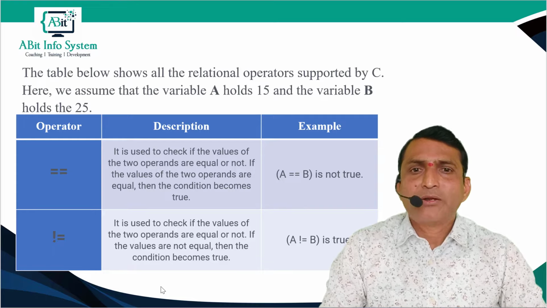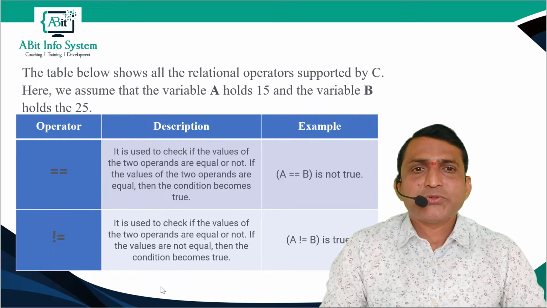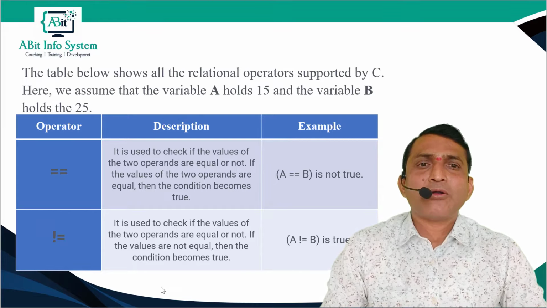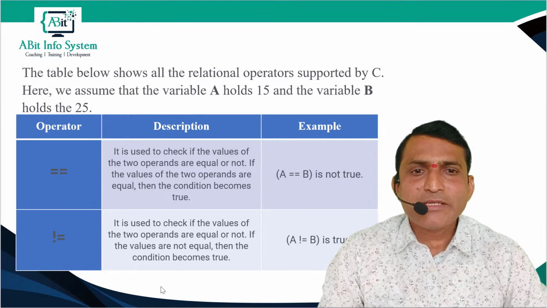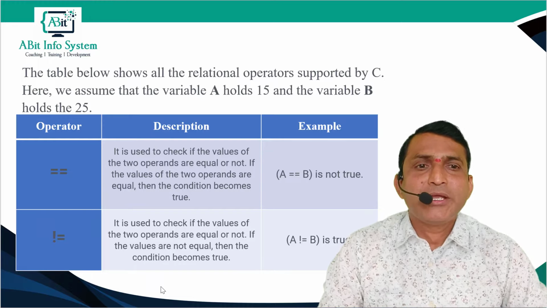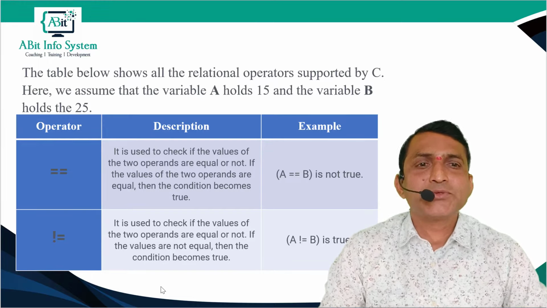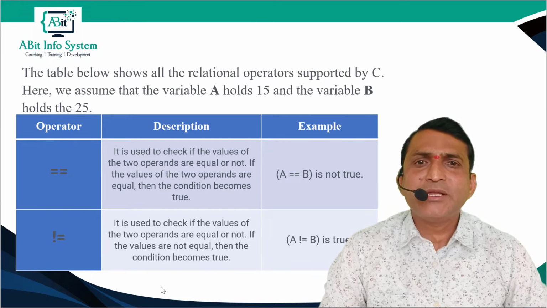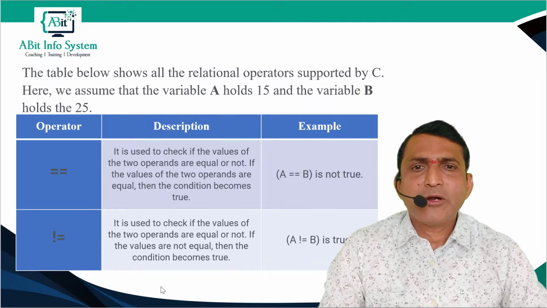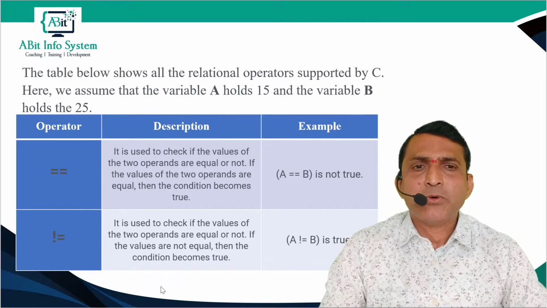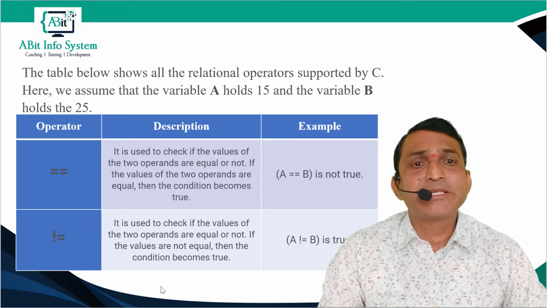Second operator, not equals. It is used to check if the values of two operands are equal or not. If the values are not equal, then the condition becomes true. A not equals to B is true. In the description, we can see the equals to and not equals to operators both have the same description.